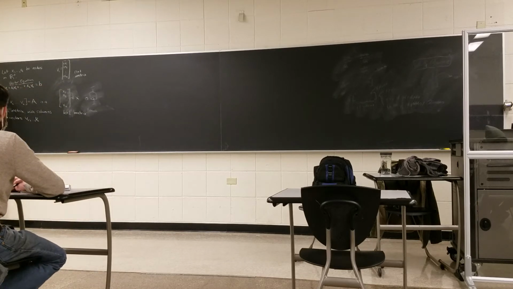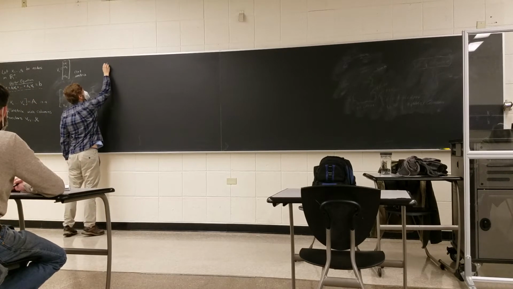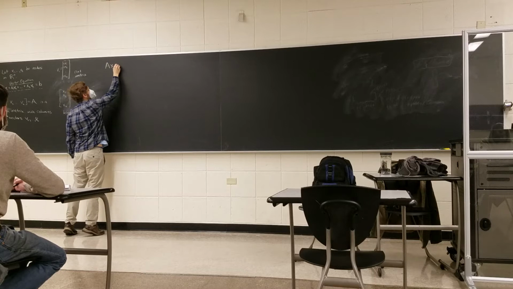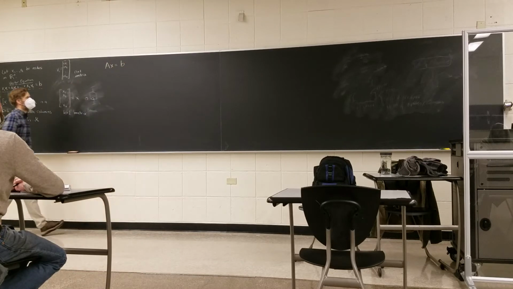So this vector equation can now be rewritten as Ax equals b. At this point, this is just going to be a definition. We're just defining Ax.